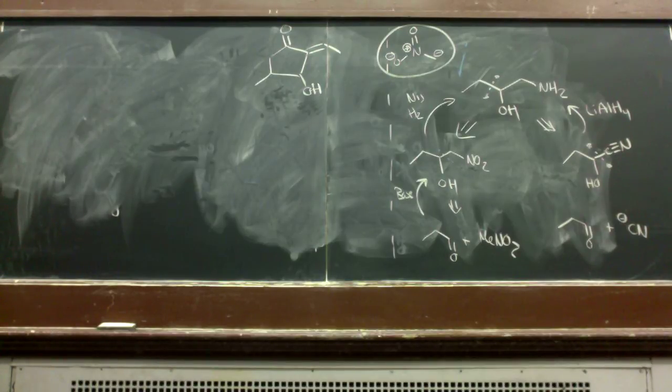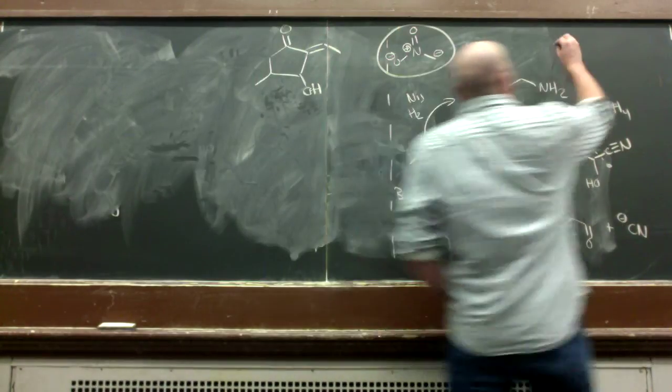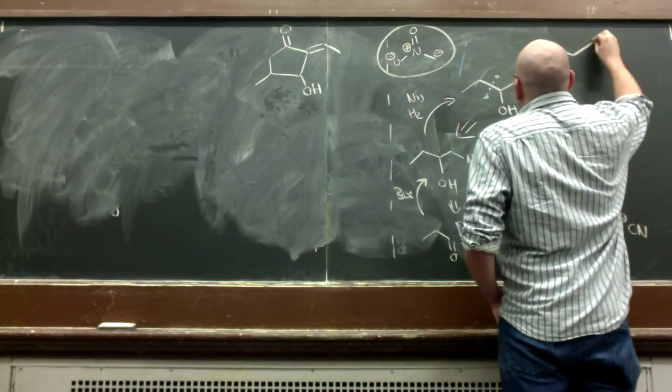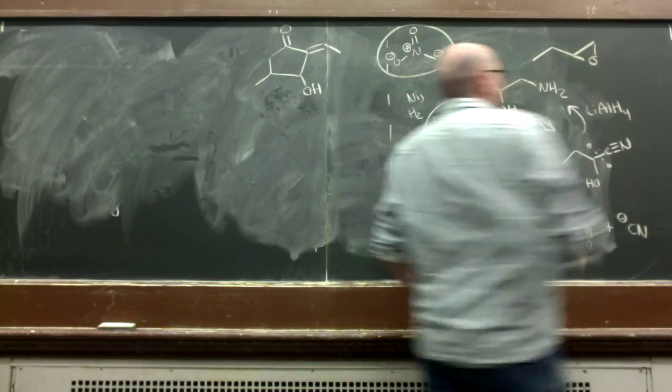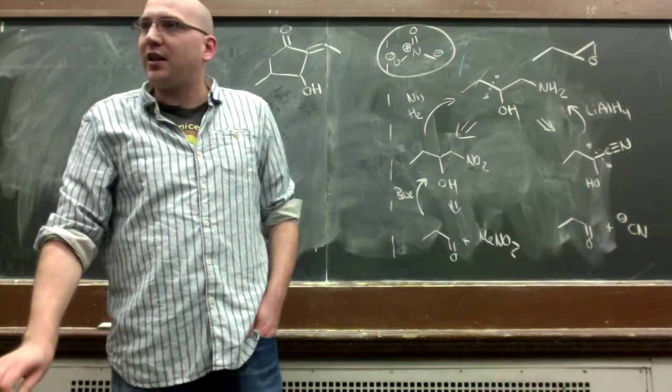So this question, what if you create an alkyl to protect the alcohol and you attack it with NH2 minus? Oh, so you want to... like an epoxide? NH2 minus?